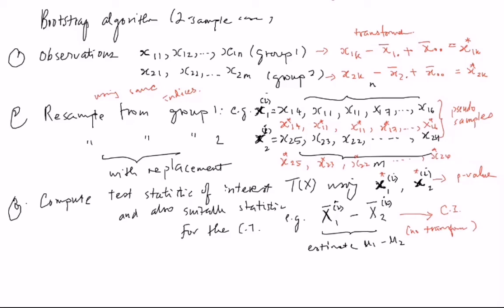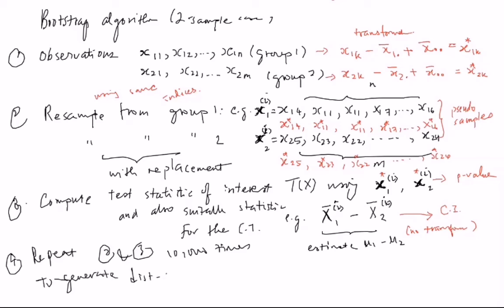Okay, so then after these 2 main steps are done, number 4 is basically you repeat 2 and 3, let's say 10,000 times, to generate a distribution of Tx, and also the distribution of this, okay?